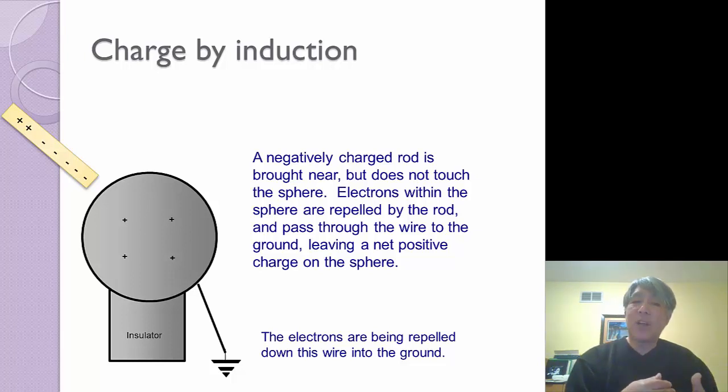Since the electrons have somewhere to go as far away from that charged rod as possible, they go down the wire into the ground. So those electrons disappear.